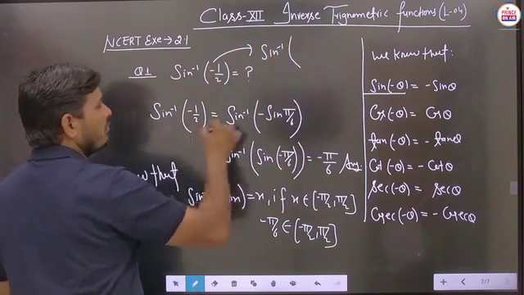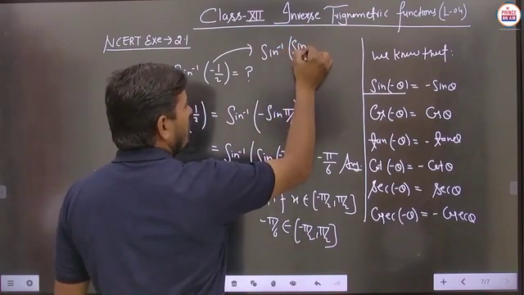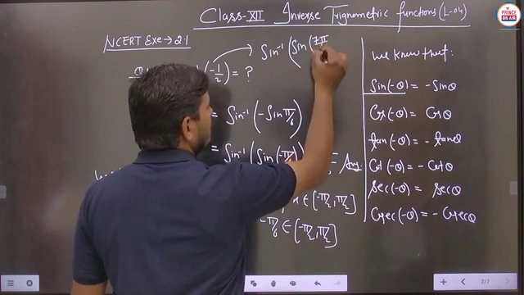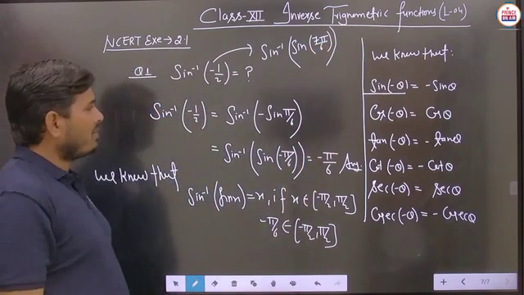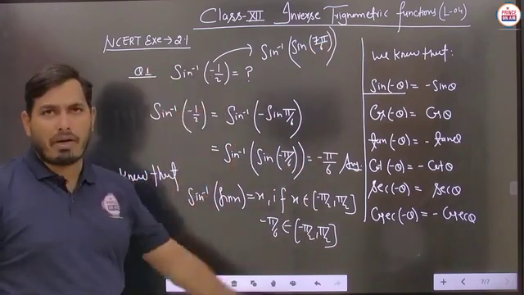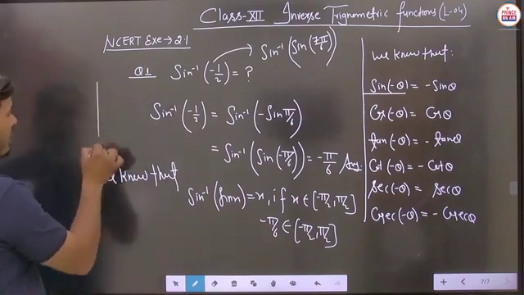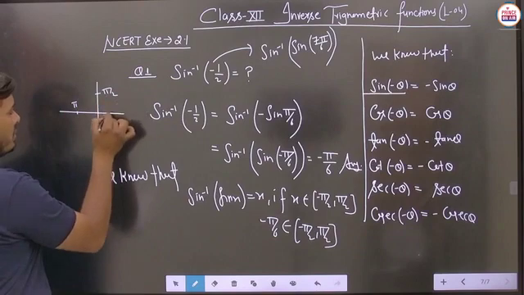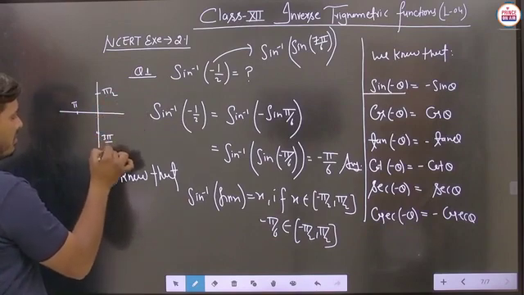This is minus, so we can write sine of pi plus pi by 6. So they can write 7 pi by 6, because definitely 7 pi by 6 will give the value minus 1 by 2, no problem, because in the quadrant theory this is pi by 2, this is 3 pi by 2, like this. Is it clear?